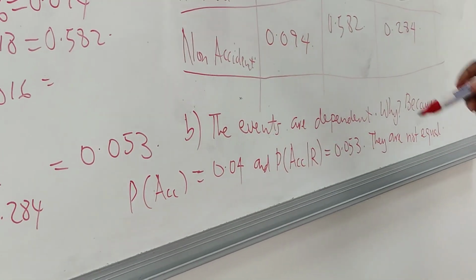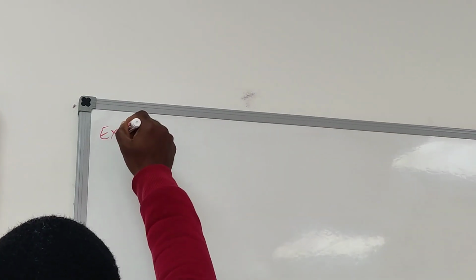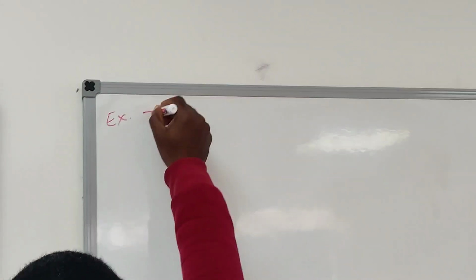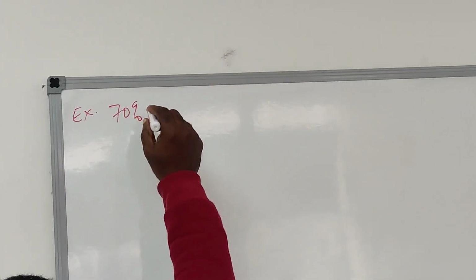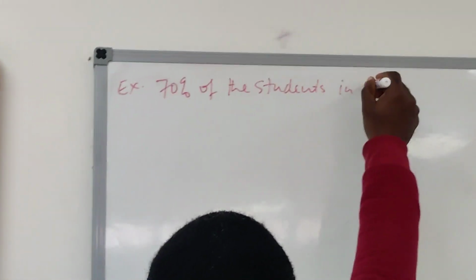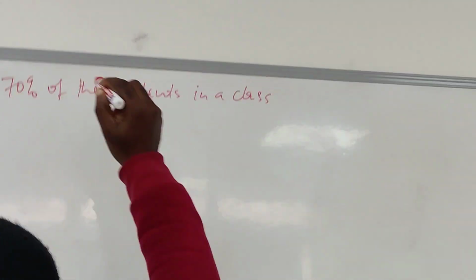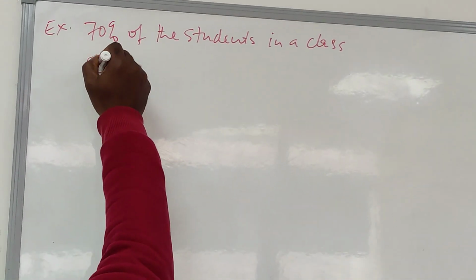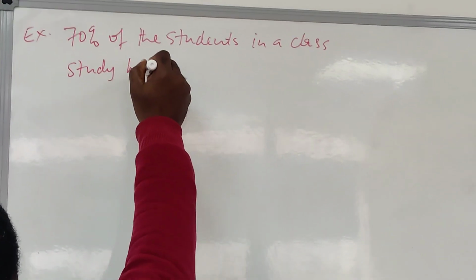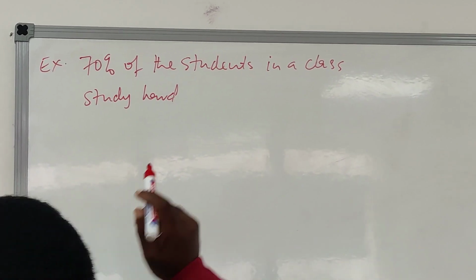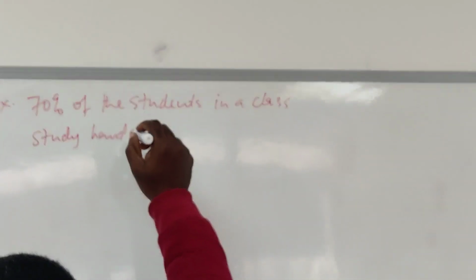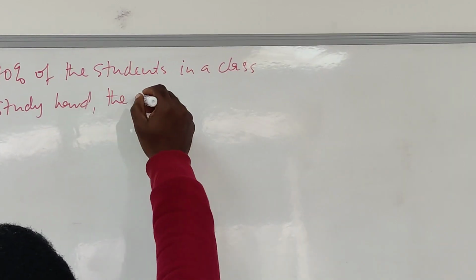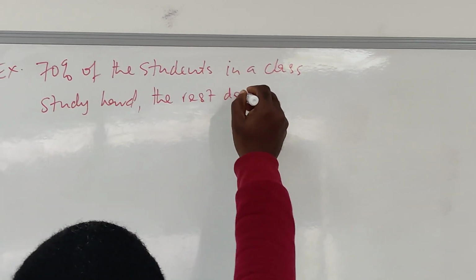So they are dependent events. 70% in a class studied hard. The rest don't.